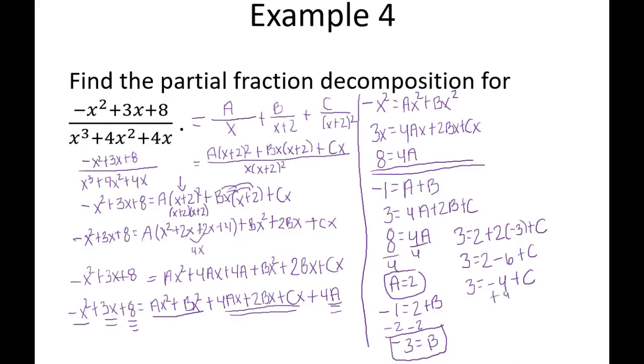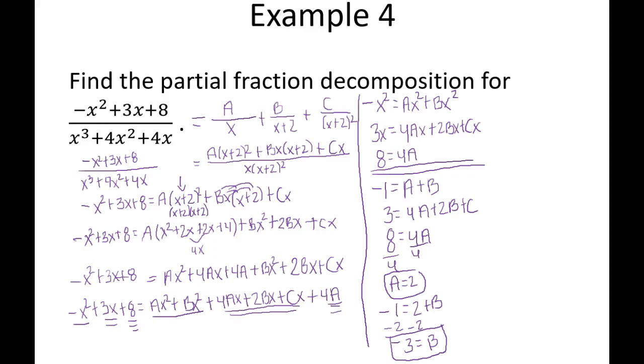And when I add that 4 to the other side, it looks like c is going to be equal to 7. Okay, hang on, I blew it right here. When I'm plugging in, this 2 is actually supposed to be 4 times a. This is not just plain old a, so I need to get rid of all of this and redo this. All right, let's try this again.